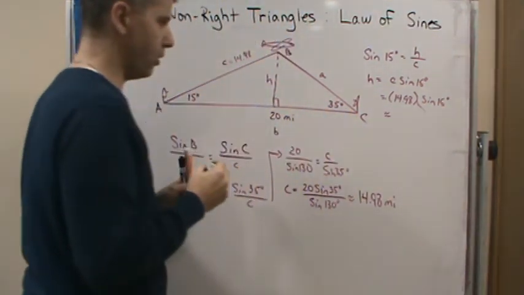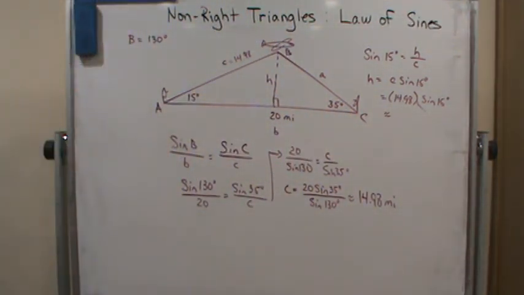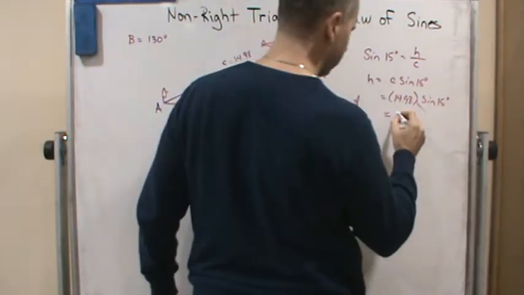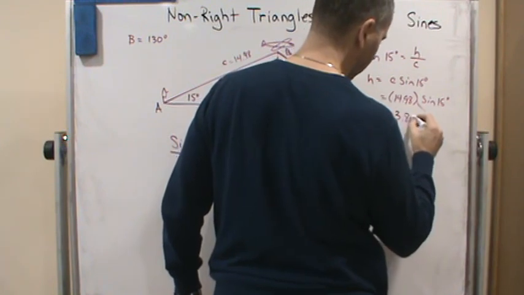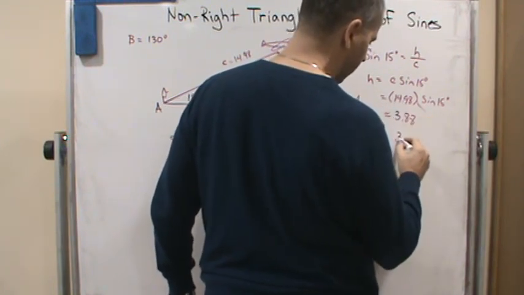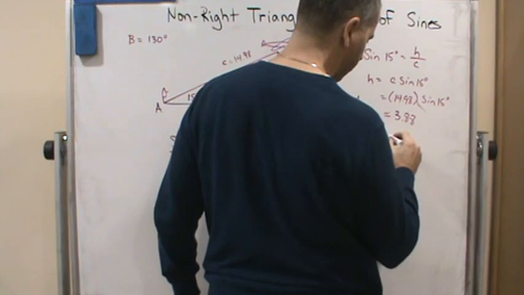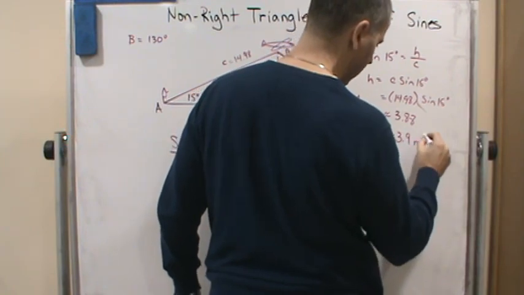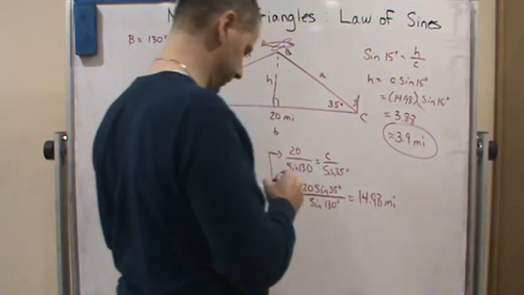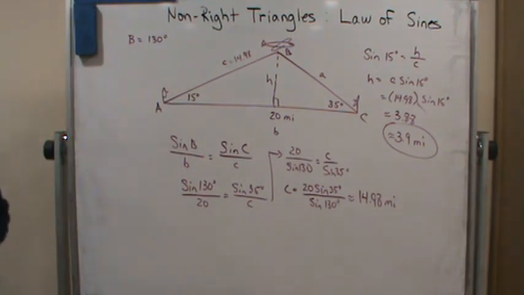This one we're going to round to the nearest tenth of a mile, and so here we get approximately 3.88. So this would be 3.9, approximately 3.9 miles above the ground. And so that is the height or altitude of the plane.